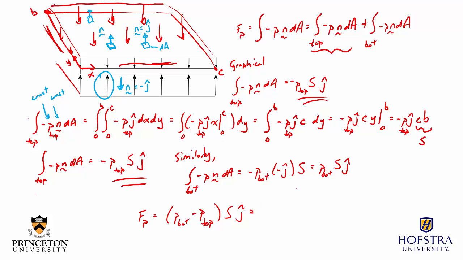I can rewrite this as delta p, the change in pressure between the top and the bottom, times the wing area in the j direction. Now let's revisit our summing of the forces in the y direction.